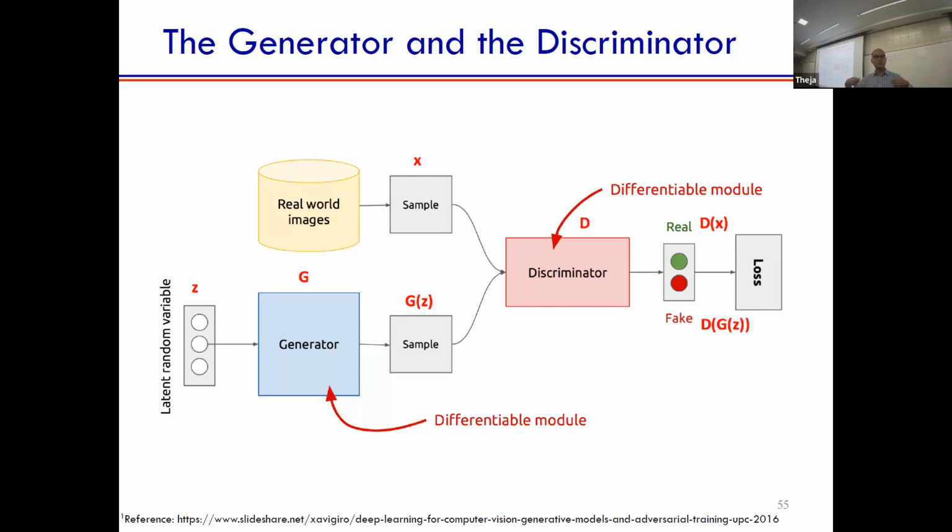It's not like they're cooperatively doing something. It's a non-cooperative game. But while learning to improve their strategies, one wants to discriminate better, one wants to generate better images. Through that non-cooperative game process, you get a good set of parameters for this and a good set of parameters for that. We don't care about that one for generation. We care about this one for the generation.